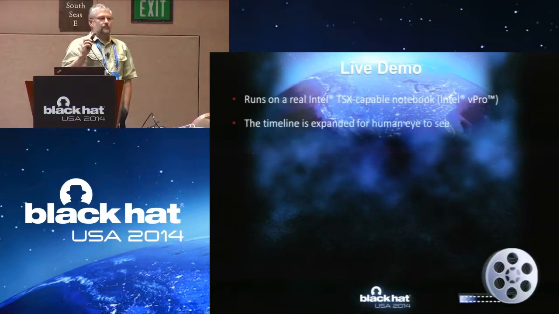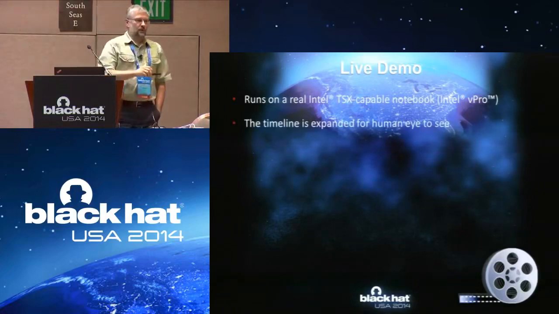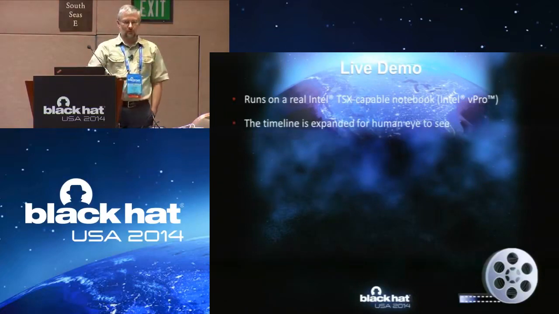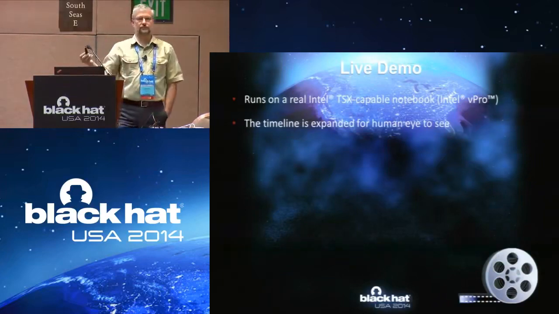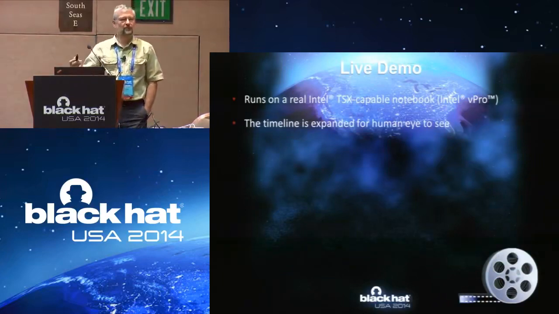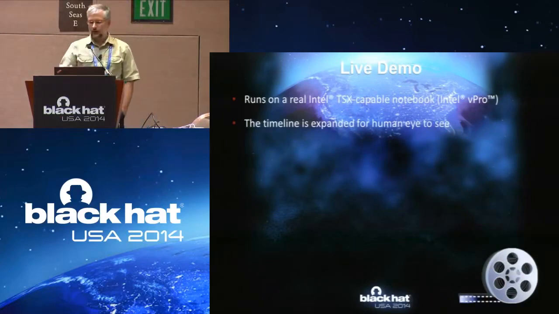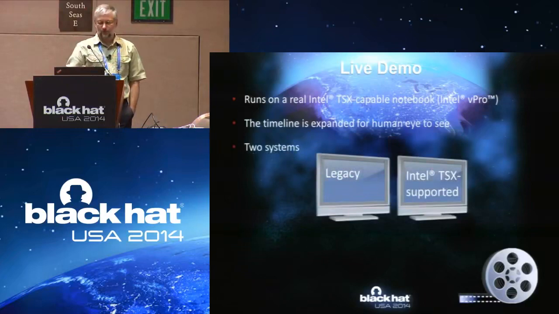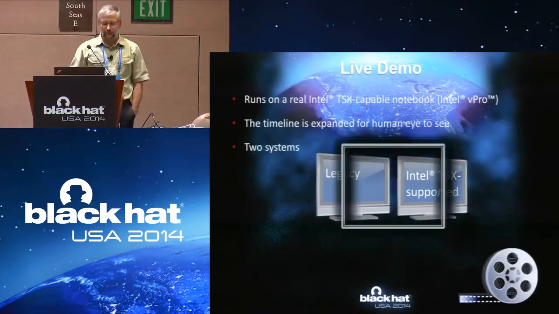So the CPU can execute millions of instructions in just a fraction of a second. So the demo is artificially delayed. Each and every memory read and write has a sleep of about 1/5 of a second for you to be able to see something. And I'll show you two systems in one program, one legacy, and one with TSX support.